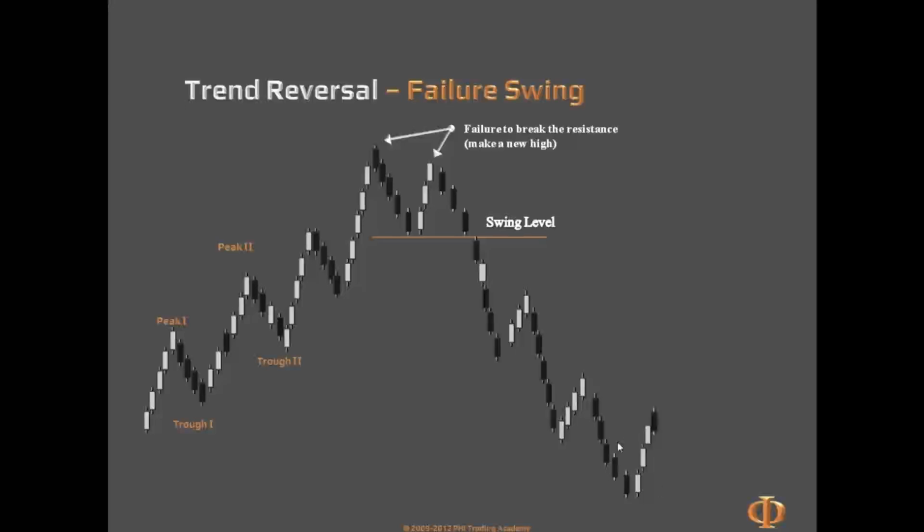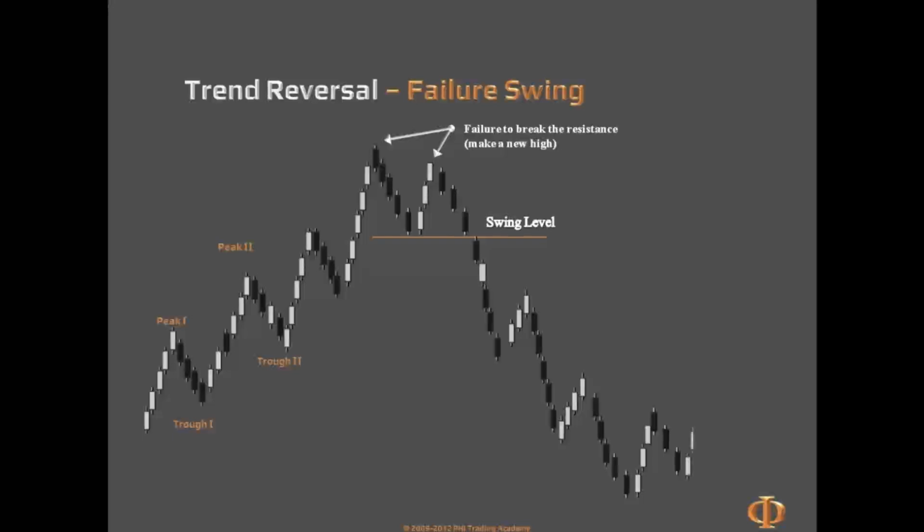And what do we expect this downtrend to do? To continue going down, because as long as we have lower tops and lower bottoms, then the downtrend is intact and the market is expected to continue going down.